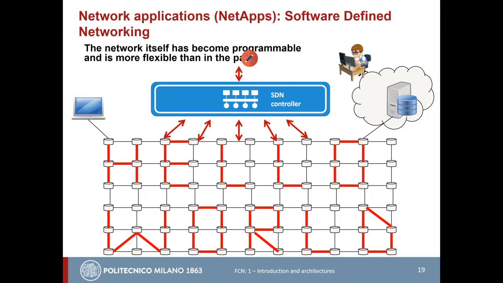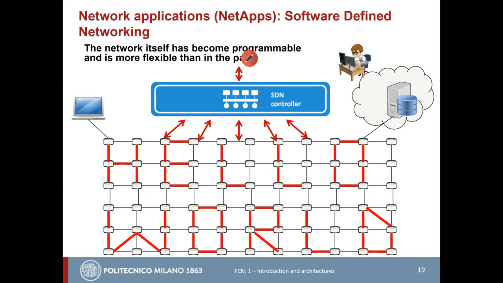A network is seen as something very similar to a software environment, and by using this approach, you are able to make the control plane of the network much more flexible, and you have programmability you can use to modify, for example, routing or the way you assign resources, and so on and so forth, with simple applications.